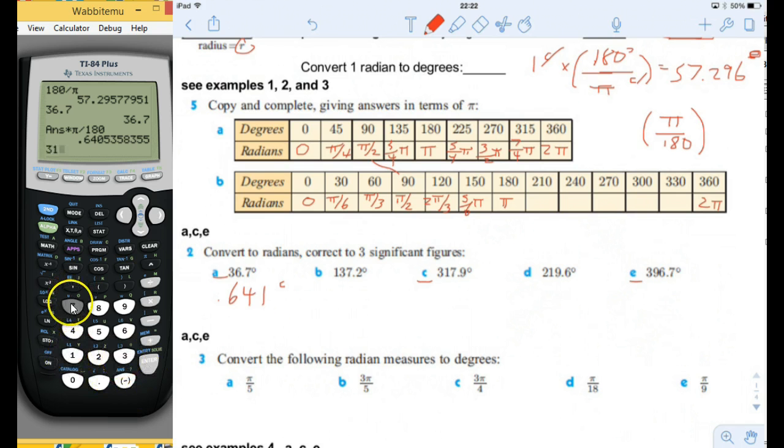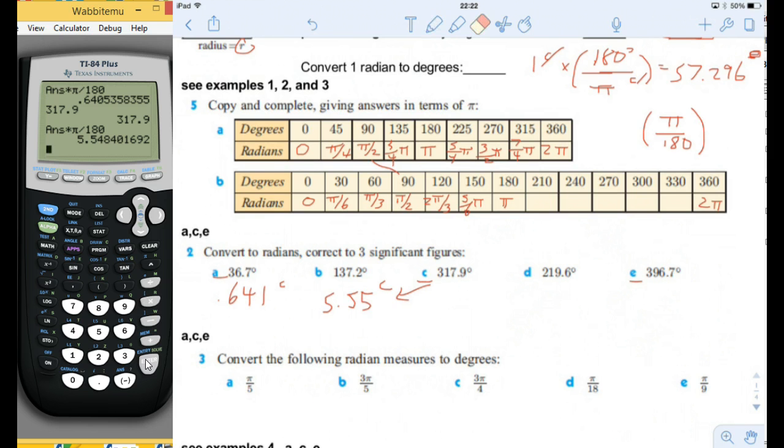And then 317.9 would be 5.55 radians. Oops, I'm sorry. That goes to that one, right?